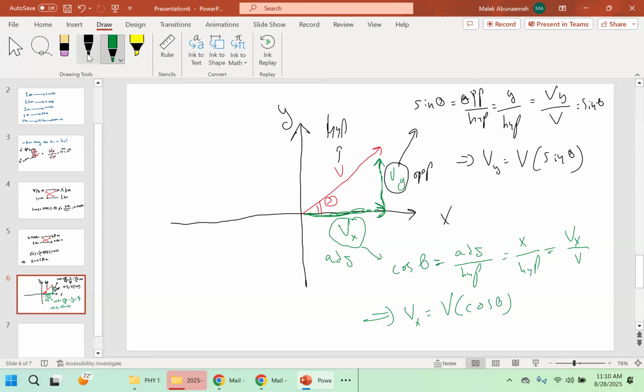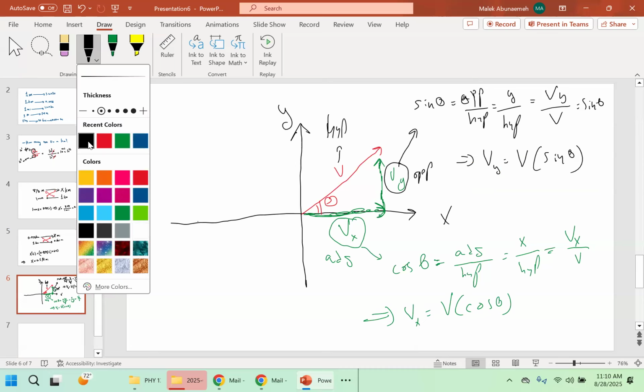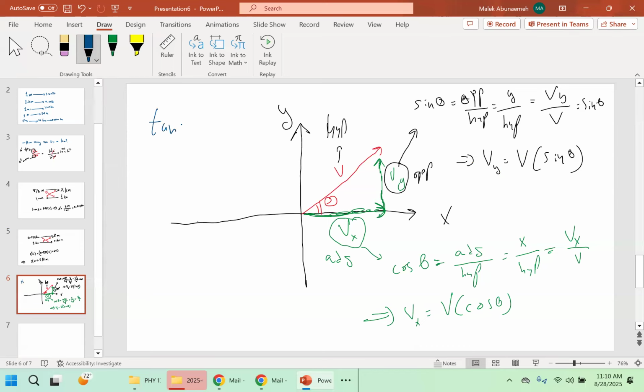Now, from these two, we can talk about the tangent of the angle, which is your opposite over adjacent, which is whatever is on the y-axis divided by the x-axis, which is going to equal your Vy over your Vx.